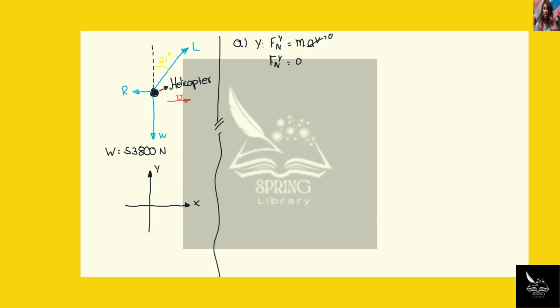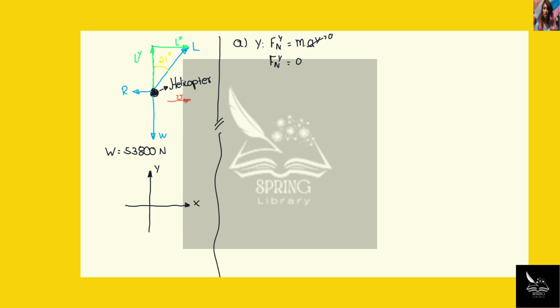And the net force in the y direction is composed by the weight force, which is negative in our reference frame, and a portion of that lift force L. And the portion that composes the vertical part is this one, which I'll call Ly, so the y component of the lift force. And this is the x component of the same force.